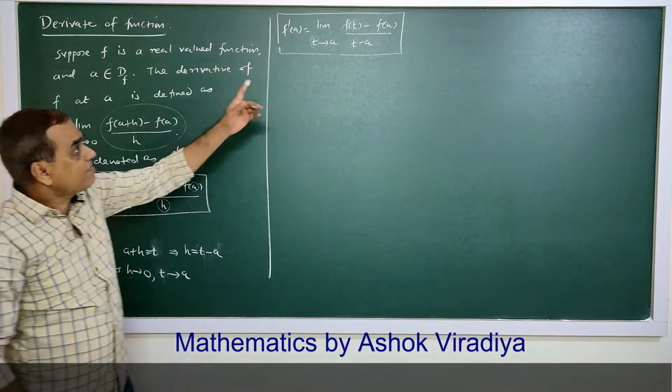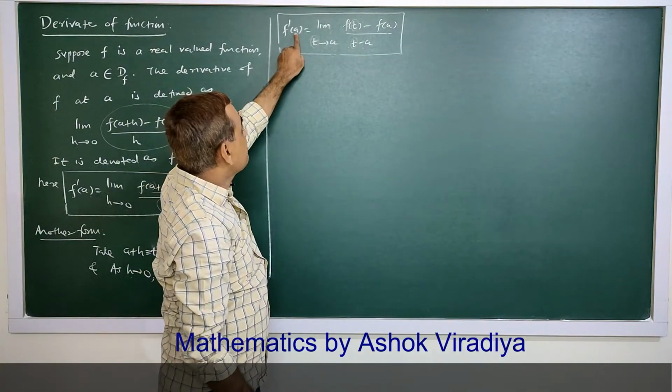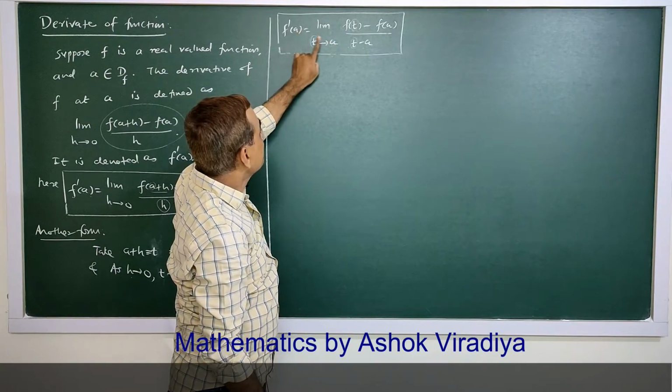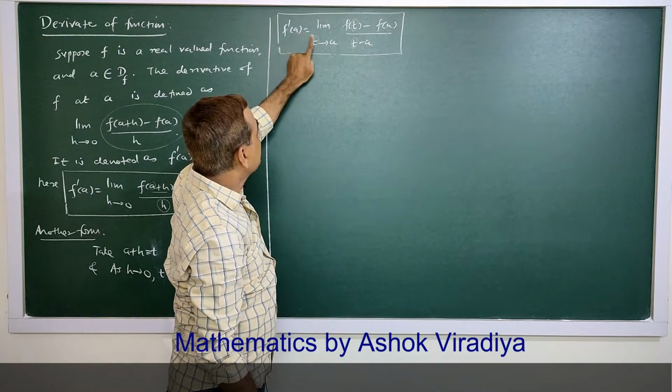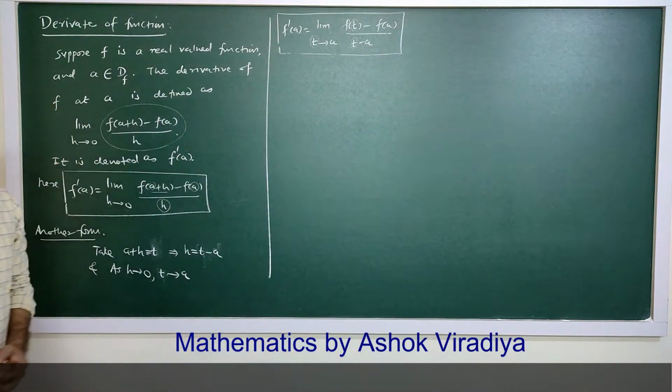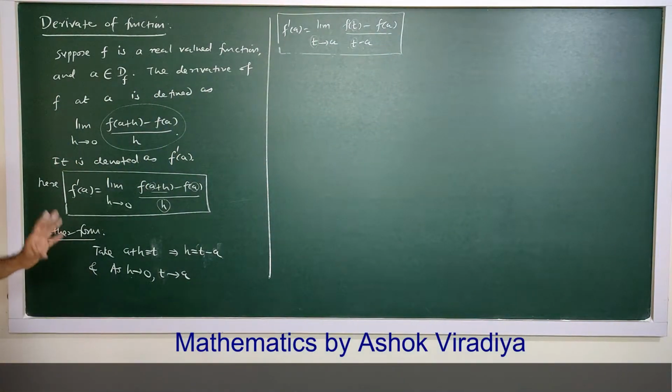And in this form of definition, whatever you keep here, that number should be there. If you put 7, put 7. If you keep 8, put 8. So using any variable, this definition can be written.